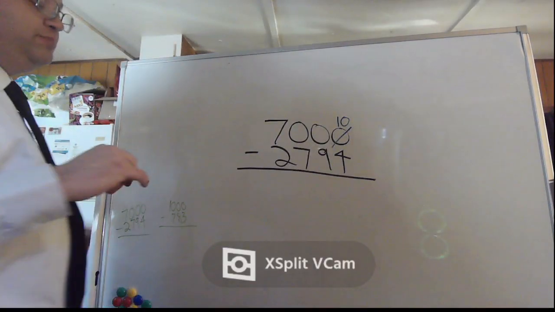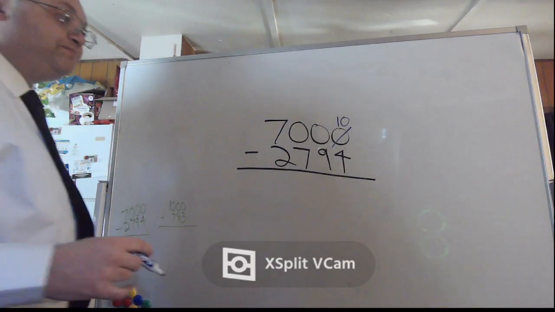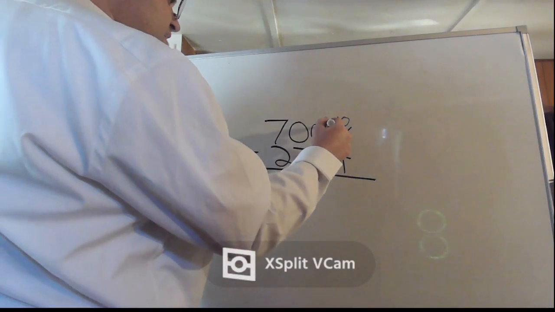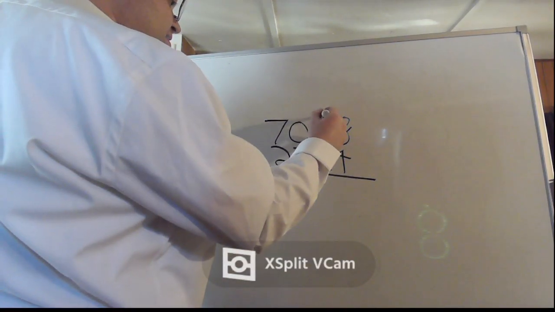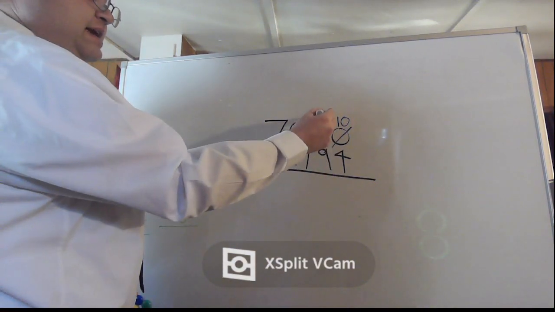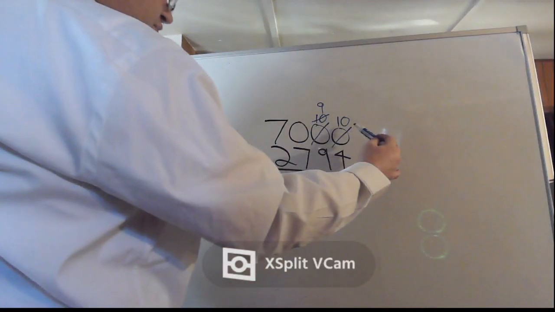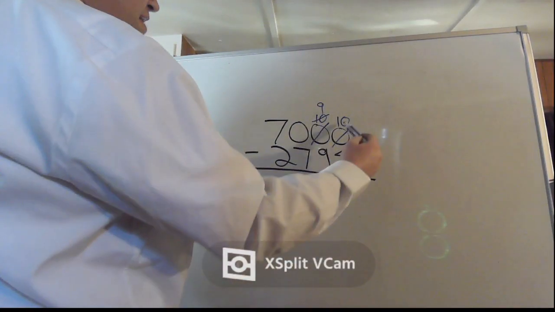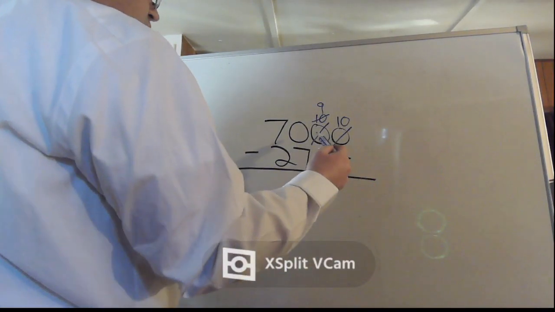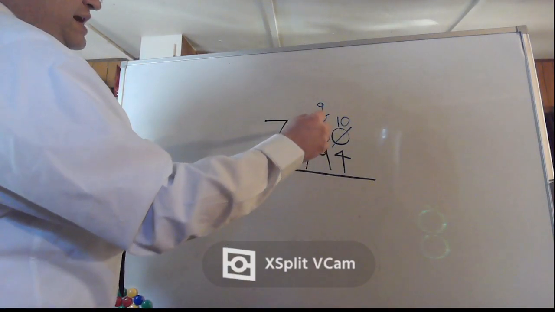The only problem is we go to the next place to borrow, we have a 0. Well, let's make that 0 a 10 also. If we're going to borrow from 10 to make that a 10, that actually becomes 9. So, starting again, 0 minus 4, we have to make that 0 a 10. We go to the next place to borrow. We have a 0 also. We have to make that a 10.